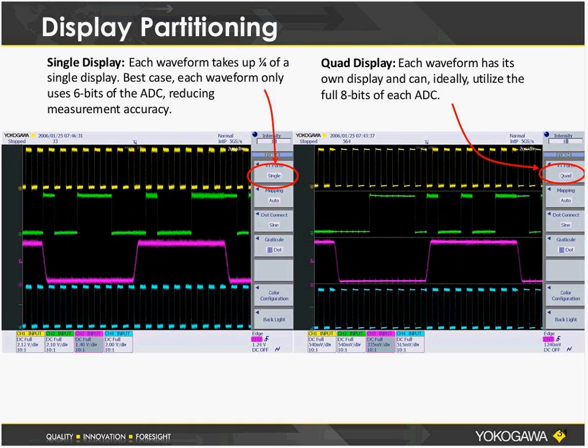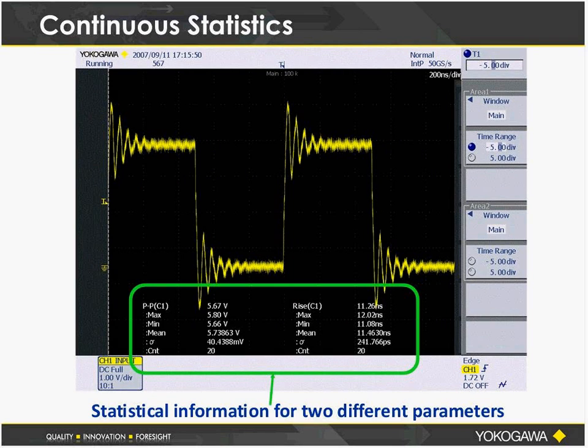A better way to accomplish display partitioning is to go into the oscilloscope setting and let it divide the screen up for you per channel so that you can maintain the full scale input and the best accuracy on that waveform. So that's what this slide is showing.